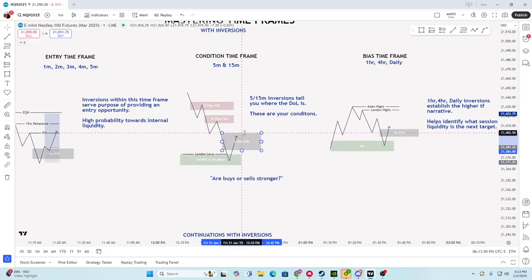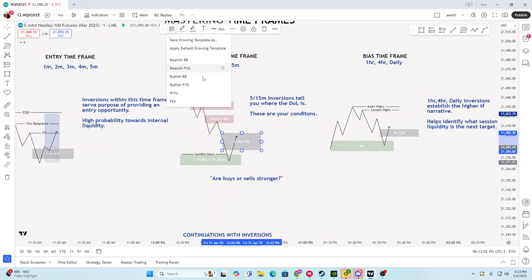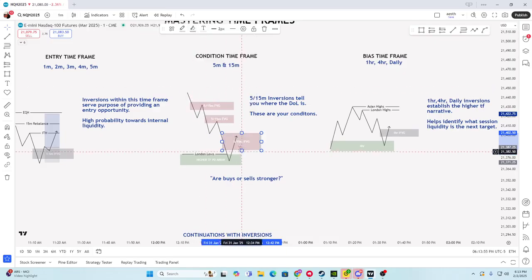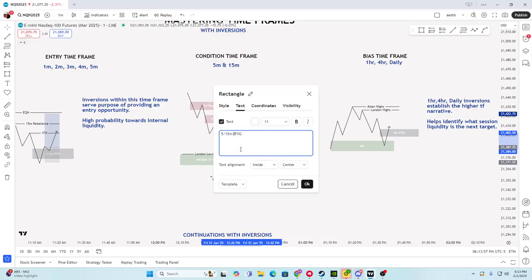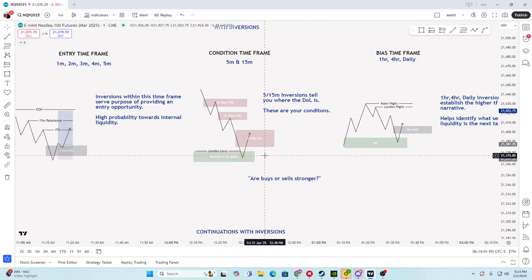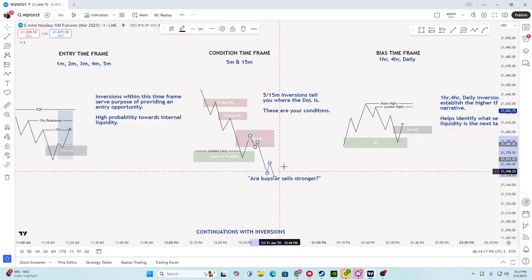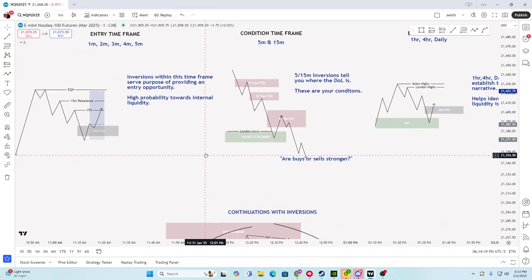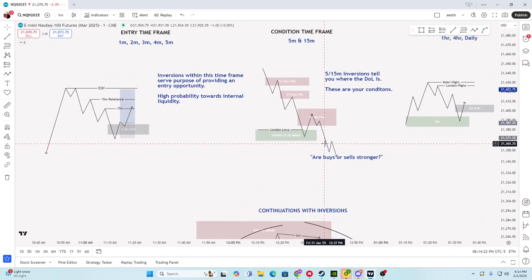Yeah, like for example, if this hasn't been inverse yet and we're trading inside a 5-minute / 50-minute fair value gap after, let's say, hitting this higher time frame PD array, how do we know if this is valid? Well, if this sweep of London lows and this top of the higher time frame PD array is valid, then what is going on? Then we're going to inverse this, but if it holds, what can you expect? Price is going to continue lower, and you can try to find shorts towards the next higher time frame, I guess, sell side level or whatever that may be.